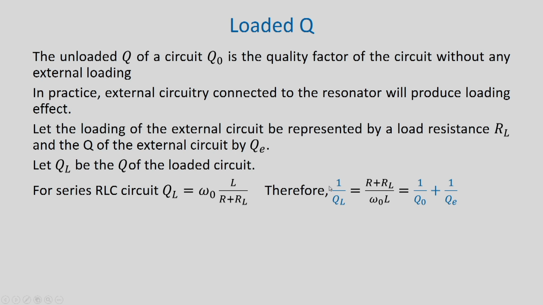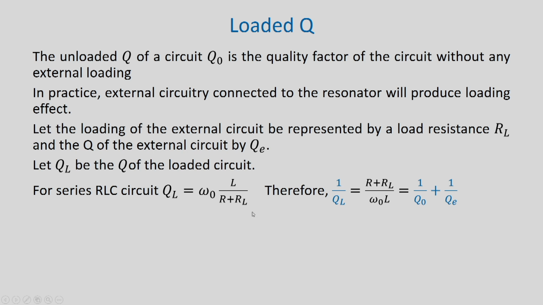If we write 1 by QL, then it becomes R plus RL divided by omega naught L, and this term R divided by omega naught L can be written as 1 by Q naught, and RL divided by omega naught L can be written as 1 by QE.